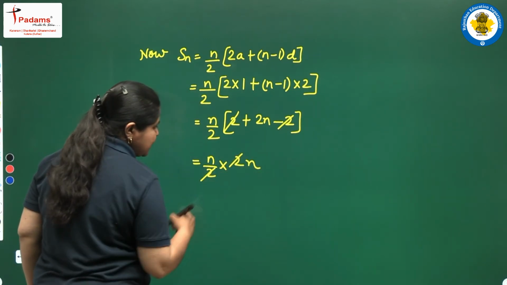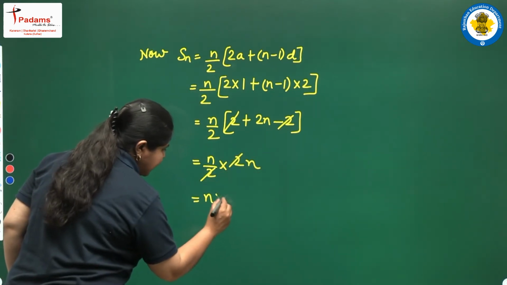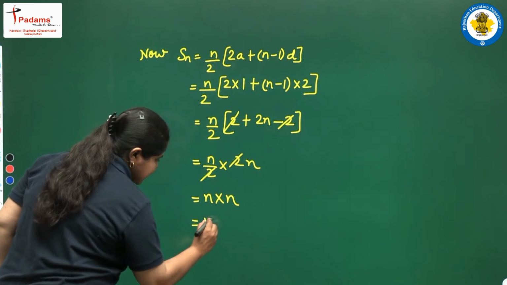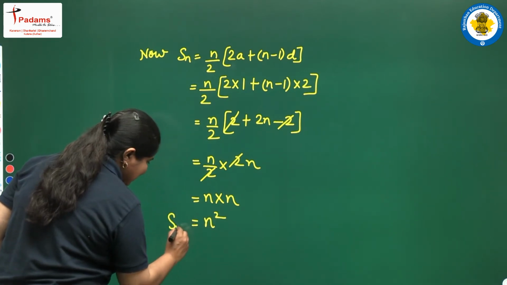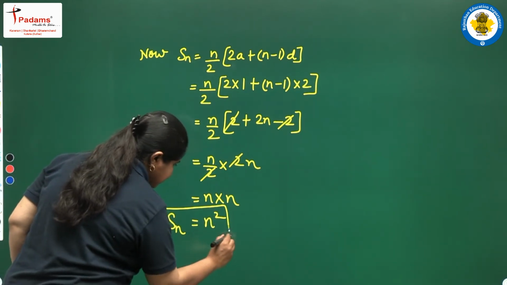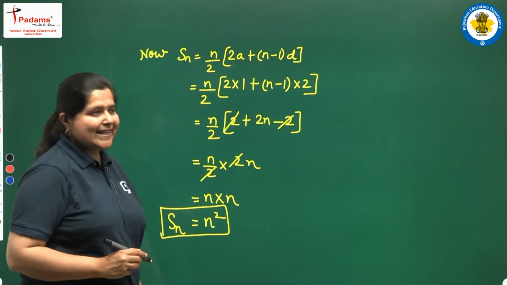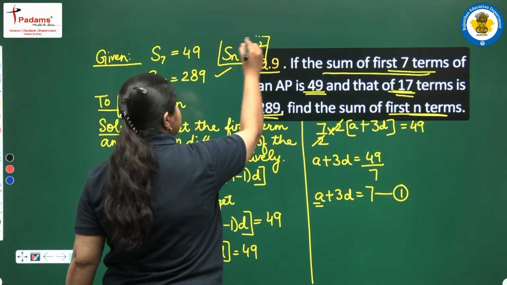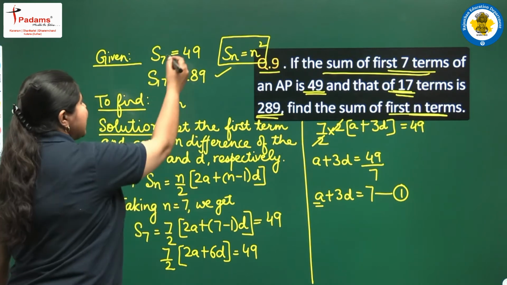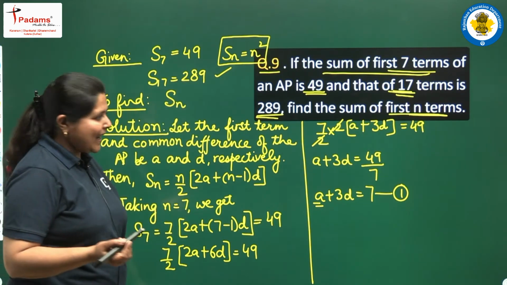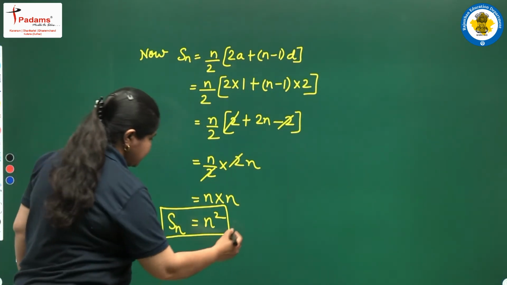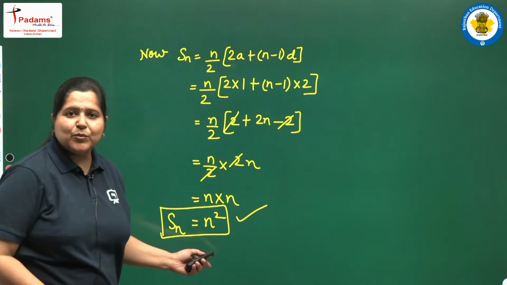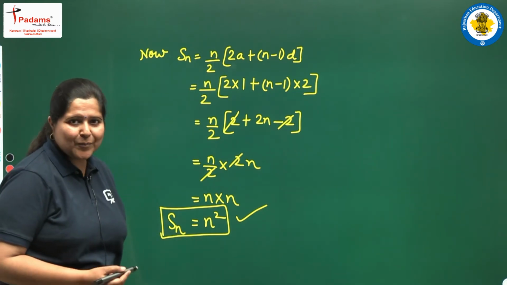Again we can cancel 2 by 2 and this is equal to n into n, or this is equal to n square, and this is what we could see in the beginning itself. I told you in the beginning the sum of n terms should be n square. Looking at these two pieces of information, after these calculations we are getting the sum of first n terms equal to n square. Okay, I hope it is clear.